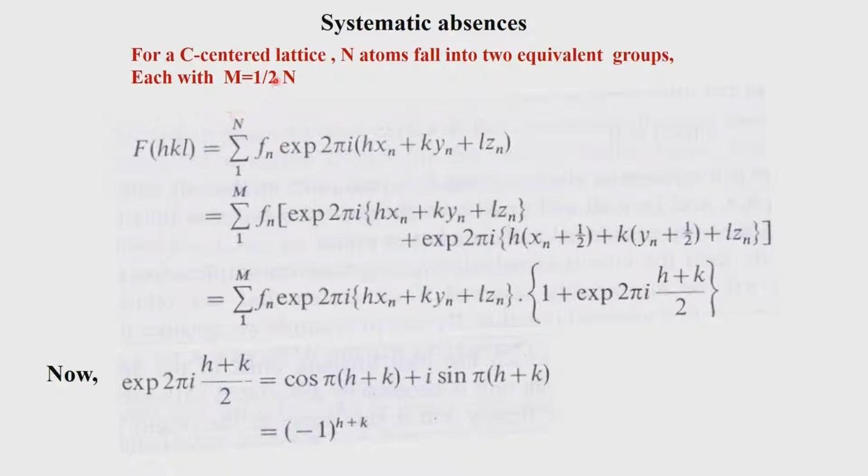Now, this n becomes half of n in a C centered lattice, and therefore I have the summation over 1 to m, equal to n by 2, and then I write the expression which is associated with xn, yn, zn, and this is the expression which is associated with xn plus half, yn plus half and zn. So, there are n atoms associated with the entire system, half of it with respect to this and half with respect to that, and that defines a C centered lattice.